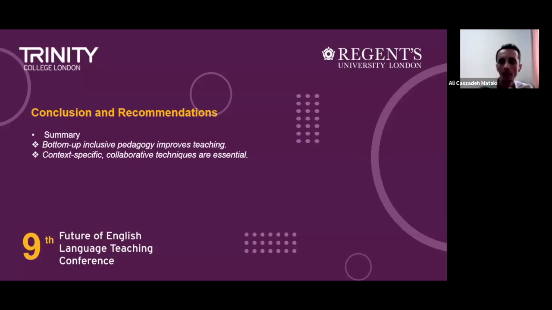So this method emphasizes the significance of context-specific techniques and also collaborative efforts, which are tailored to each educator's, let's say, unique situation. And by actively involving teachers in their professional growth and providing continuous support to them, we can create a more inclusive educational environment.